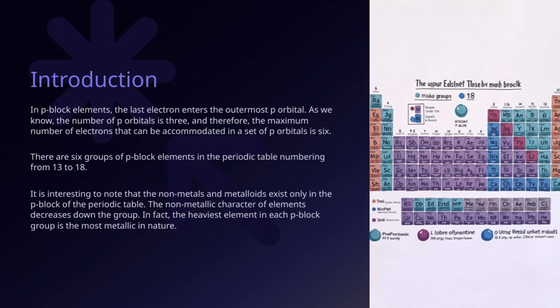When we look at the electronic configuration, the last electron in P-block elements enters the outermost p orbital. Since there are 3 p orbitals, they can hold up to 6 electrons in total. This concept helps us understand the electron capacity and the chemical behavior of these elements, connecting back to the overall theme of periodic trends and element properties.